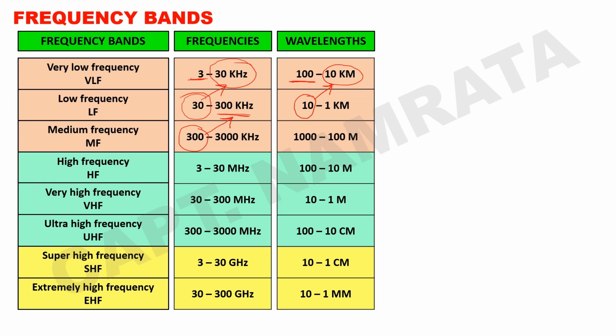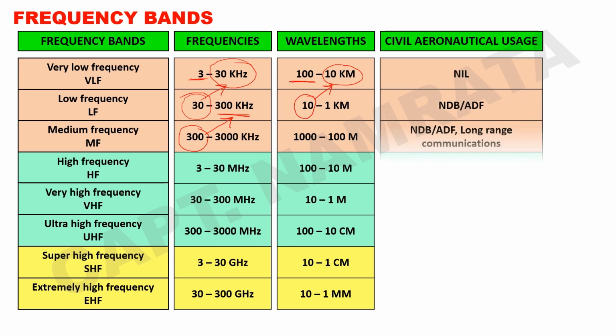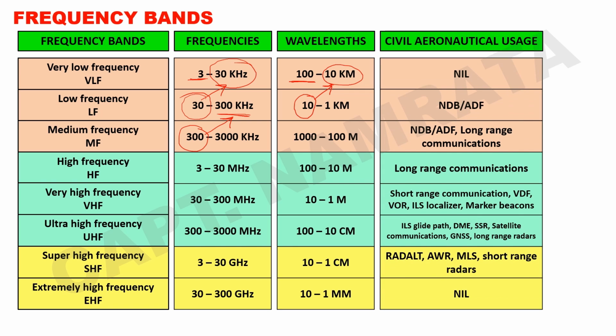In case of wavelength, from top to bottom, the wavelength will keep on decreasing. Now what are the radio aids which operate in these bands? As you can see, in VLF we do not have any radio aid, and also in EHF there is no radio aid. The rest of the radio aids will operate between these bands only, and the band will decide the nature and usage of radio waves, which we will be seeing in upcoming parts.